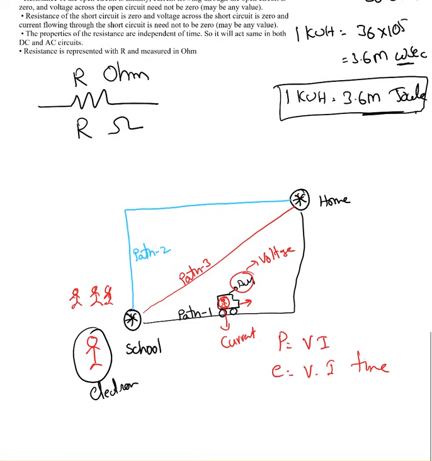So which one is more dangerous? A bicycle with 12 people is more dangerous than a truck without any people, right? Because without any people, it's a standstill, it's not moving. So for electric shock, both voltage and current are responsible.